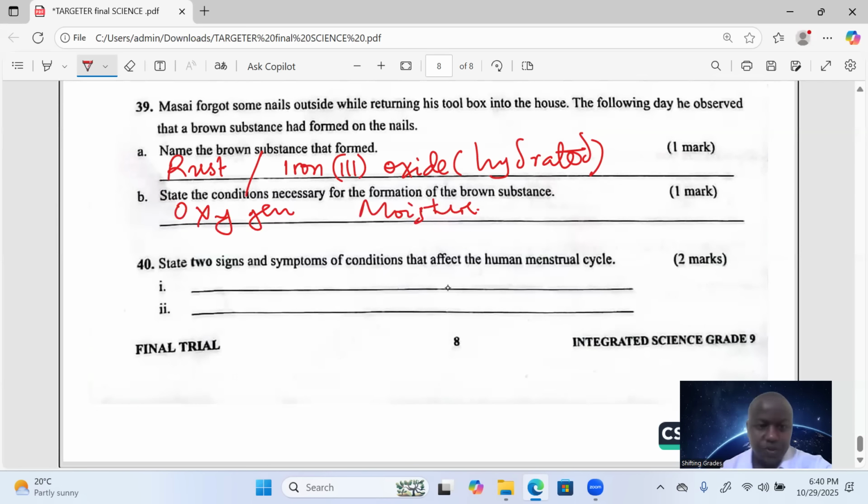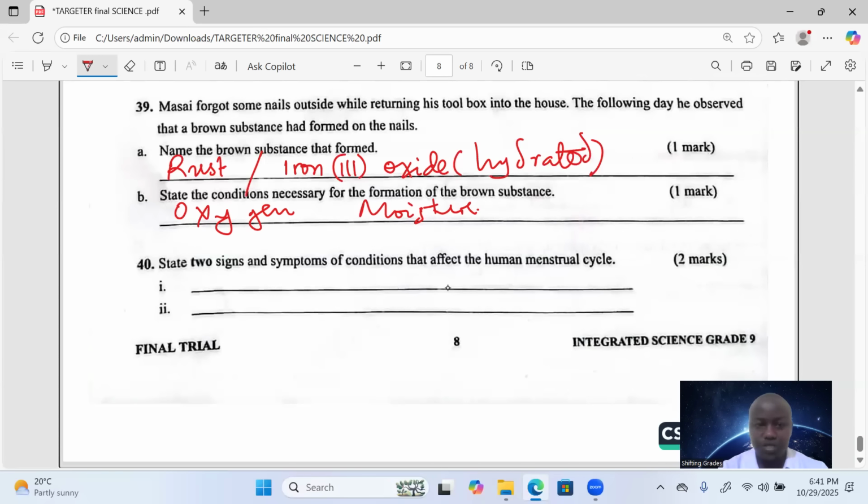Finally, state 2 signs and symptoms of conditions that affect the human menstrual cycle. You know, it's not effects. We are not asked the effect of the menstruation cycle.